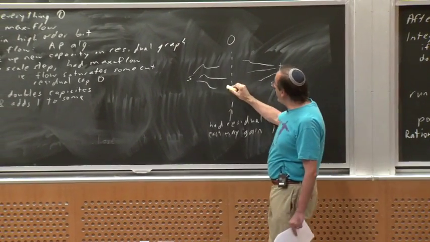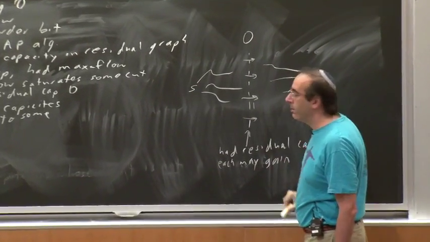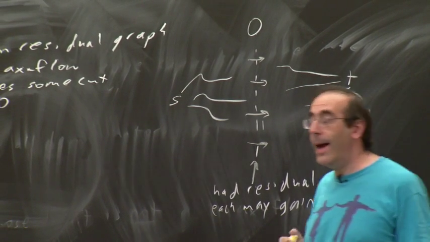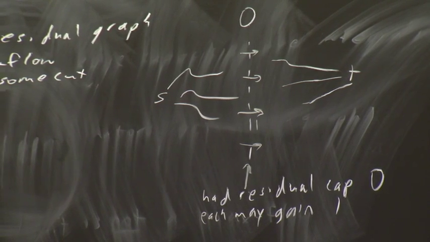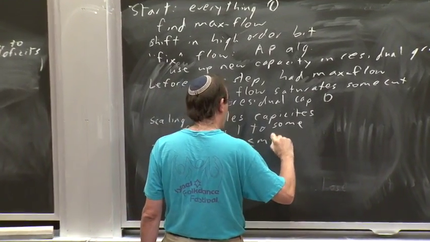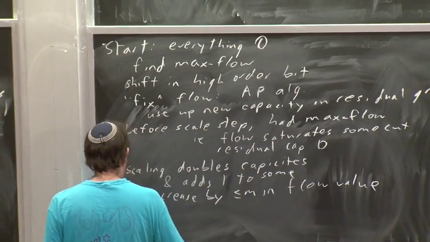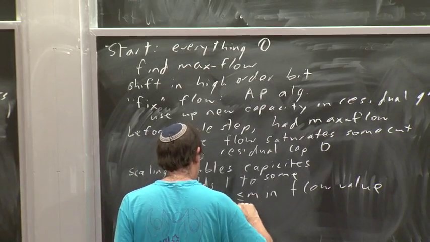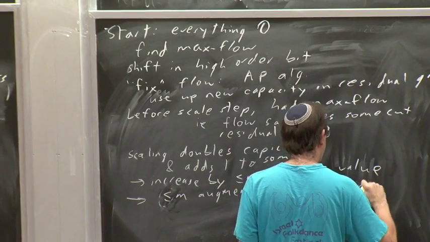Well, a particular edge increases by 1, but we may have many edges crossing this cut. So how much can the total capacity of this cut increase? By m, right? In the worst case, all of the edges are crossing the cut, the min cut. So we get an increase by at most m in the flow value. And that implies that at most m augmentations are needed to find the new max flow.